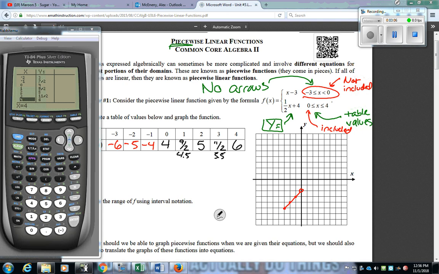And then I'm going to go ahead and do the second equation. So I got 0, 4 to start, which is there. And I'm going to skip the decimal one. I'm going to go to 2 and 5. And then we got 3 and 6. So that's the top part of my graph right there.